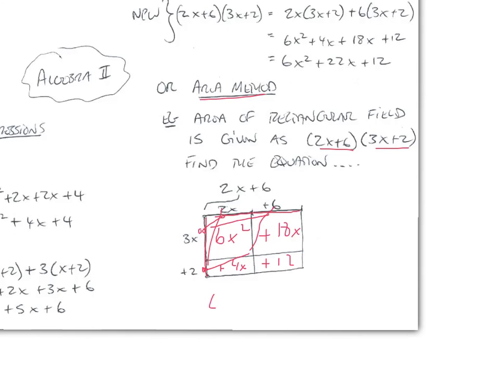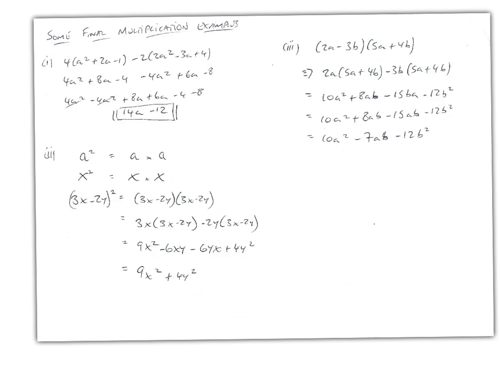So that would give us 6x squared plus 22x plus 12, which is the same answer as above, using the area method. We'll just finish now by looking at some final multiplication examples.